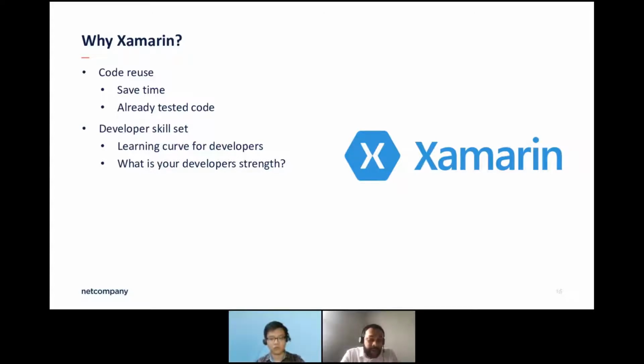But in Netcompany, we have so many strong C# developers. They might not be front-end developers and they might not be app developers, but they know their C# code. And so it was very easy for us to pick some great developers that had a very fast learning curve when it came to using Xamarin. So those are kind of the ideas of why we chose Xamarin.